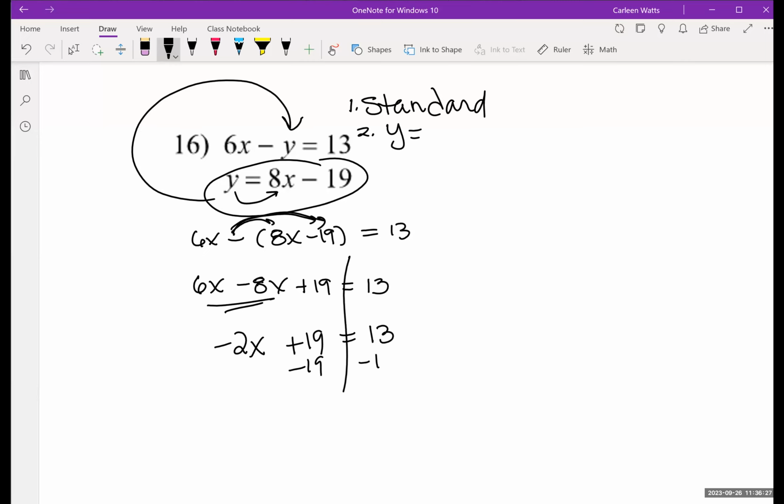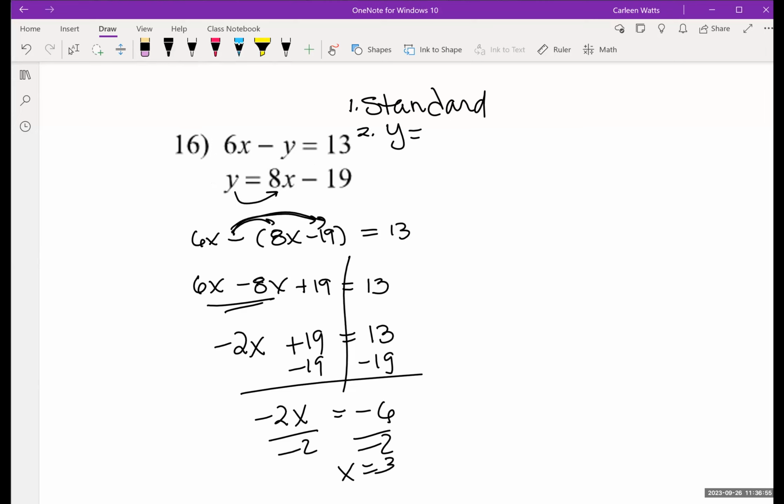Subtract 19. Negative 2x is equal to negative 6. Divide by negative 2, x equals 3. Next step, plug in.